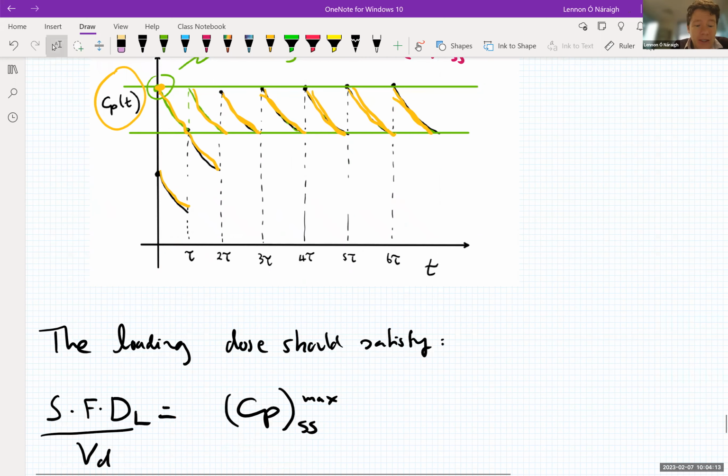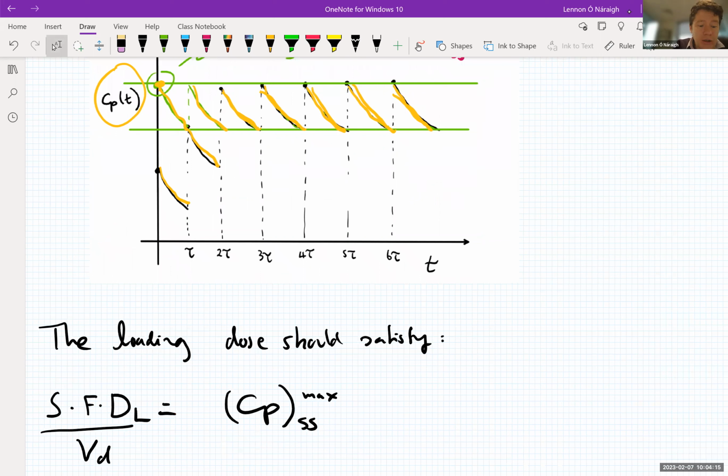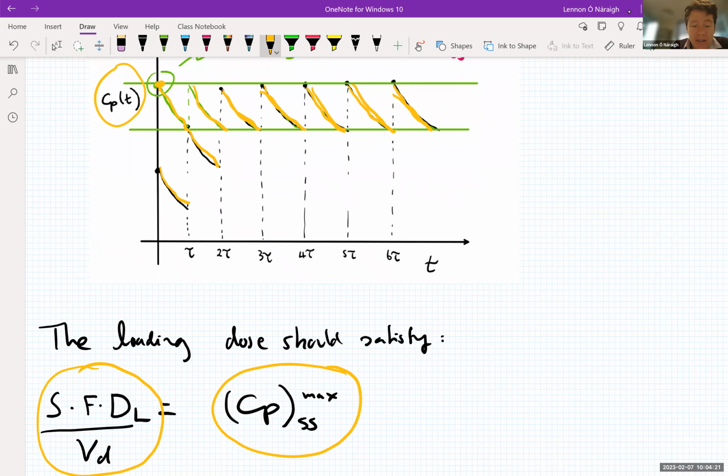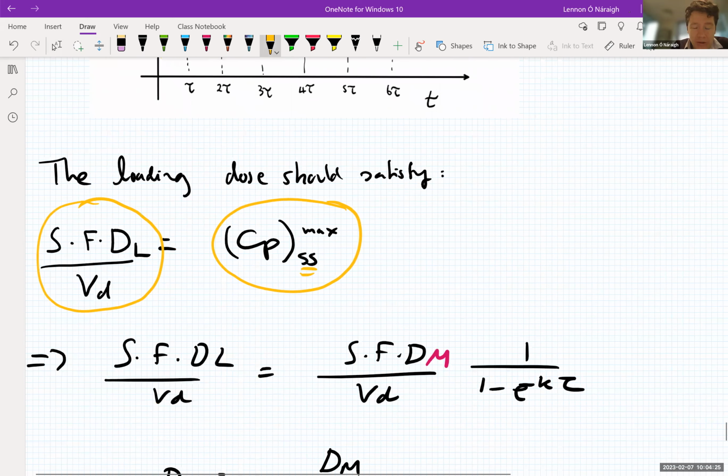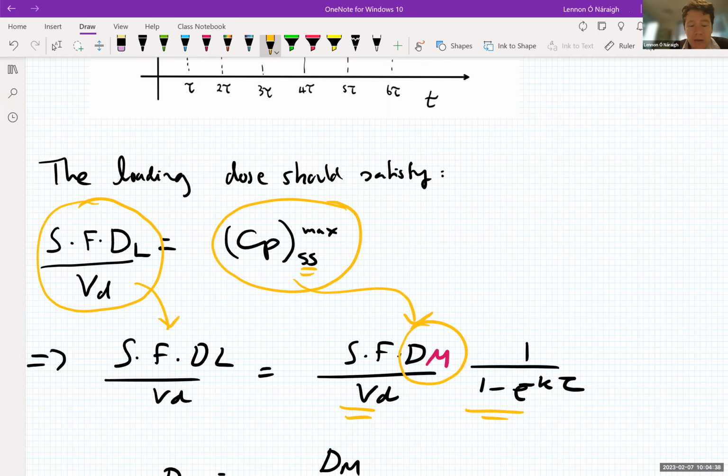And it's simply that the loading dose should be your CP max in the steady state. And I just fill in the formulae, the loading dose again, and here's my formula for CP max in the steady state, SFD over VD, 1 over 1 minus e to the minus k tau, but this should be D_M now, the maintenance dose.